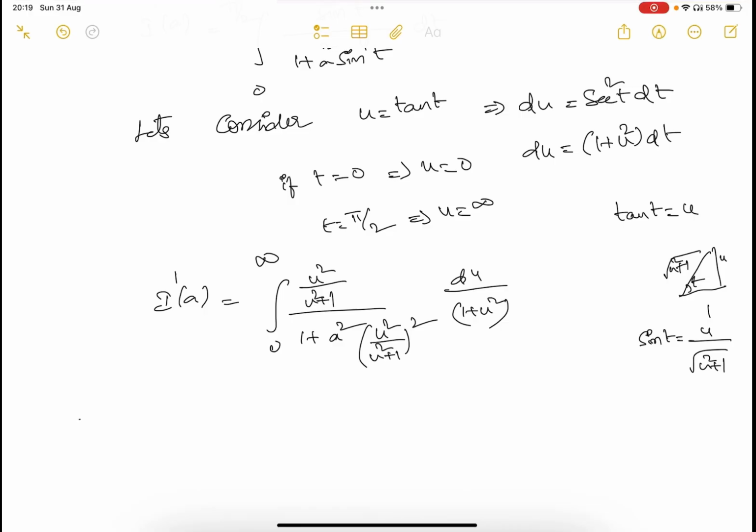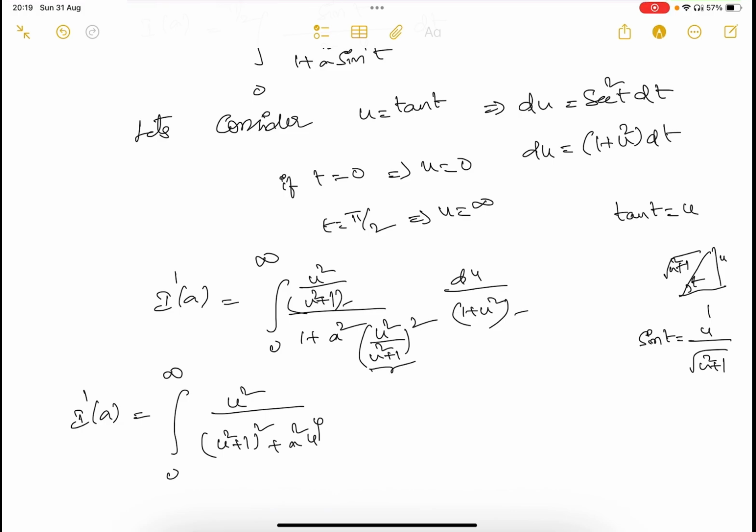So let's simplify this. This will be I dash of a equal to integral 0 to infinity u square by u square plus 1 whole square plus a square u power 4. As you can see, these terms 1 plus u square, 1 plus u square will be u square plus 1 whole square, and this term will get cancelled, right?